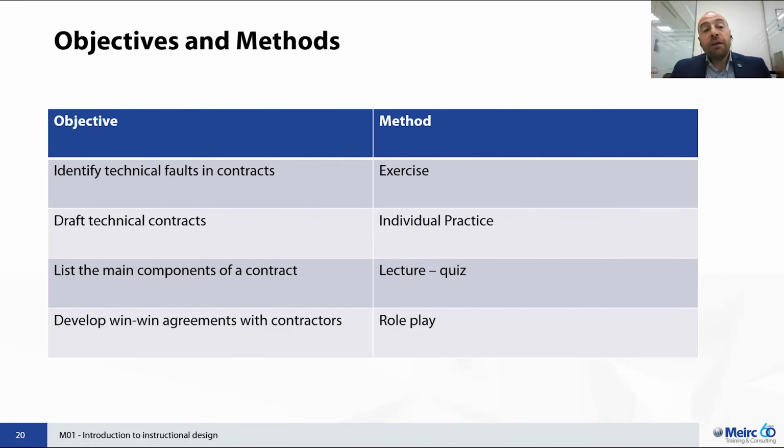While if I want participants to develop win-win agreements with contractors, then I can use a role play where there is a scenario for the contractor, another scenario for the procurement department, and they will sit together and discuss, and I will give them feedback. They will see what went well and what went wrong, and I'll have some observers with observation sheets, and some questions for discussion.